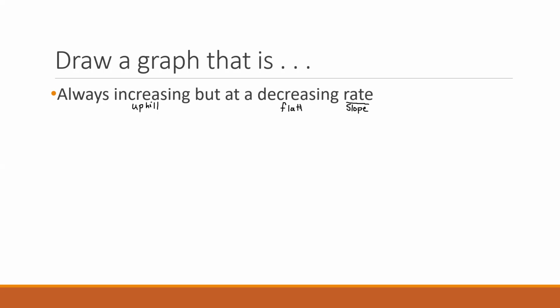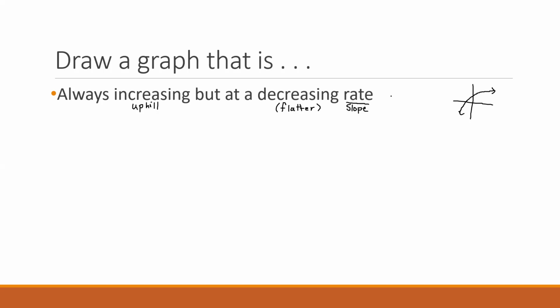So as I try to sketch out what that looks like, I'll draw my axis. I need to go uphill, I can never come down, but I need to get flatter. So I'm going to start really steep, and I'm going to start flattening. I'm never going to get constant or decreasing, but starting to flatten.